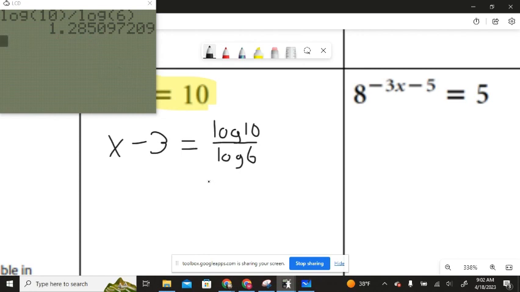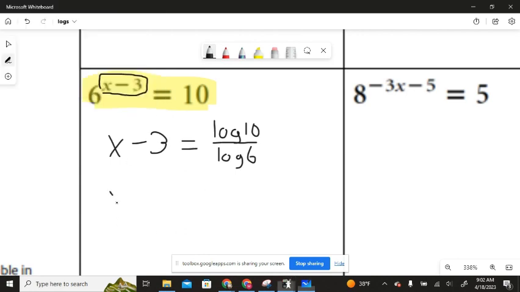All right, so we're going to round this. Well, we're not going to round this just yet, actually. So let's write this out. It's important for us to know, don't round until you get to the very end because that'll change up your answer. So this is going to be 1.285097209.